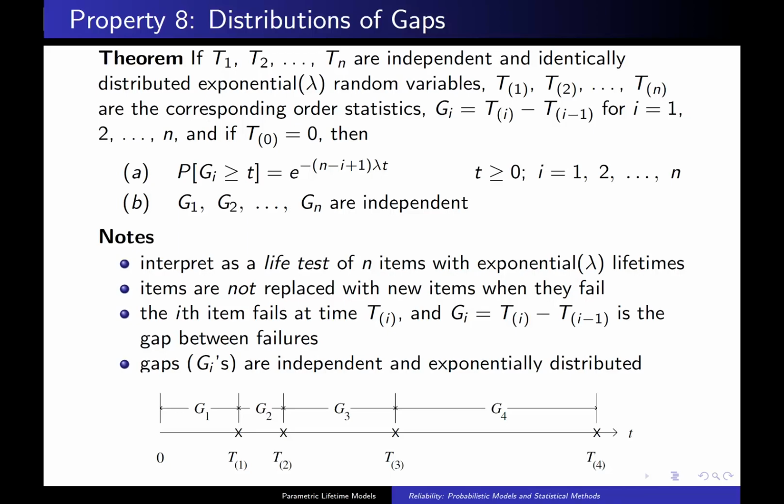Another application that comes up when you have T1 to Tn exponential lambda random variables also applies in the life testing setting. This time what we're going to do is define what are known as order statistics.